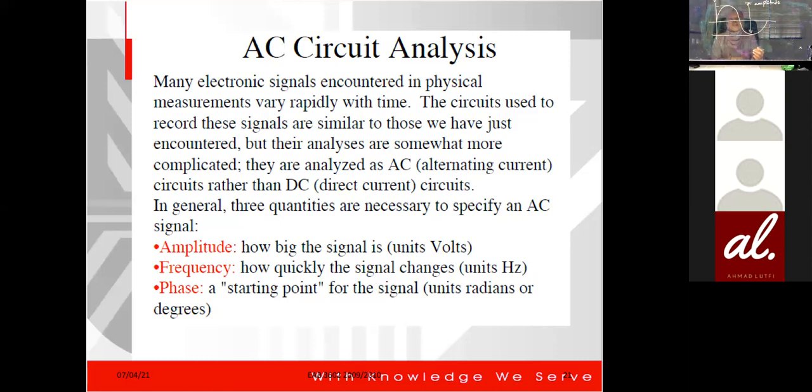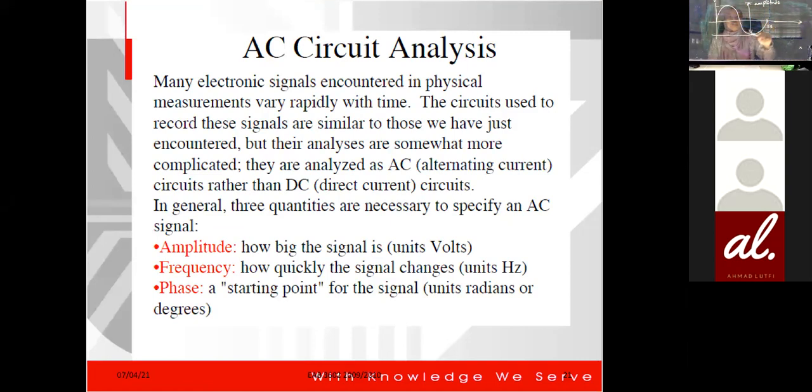Kalau frequency pula, you want to know how frequent the signal is dalam masa satu saat. Contoh kalau kat sini, ni adalah 1 saat. So dalam kes ni, dalam masa 1 saat, berapa frekuensi dia? 1 lah kan? 1 Hz lah, sebab dalam 1 saat dia hanya ada 1 complete circle.